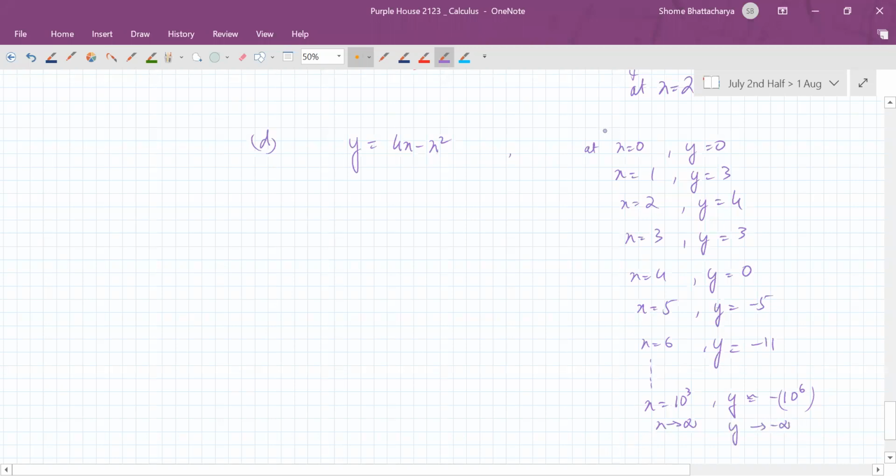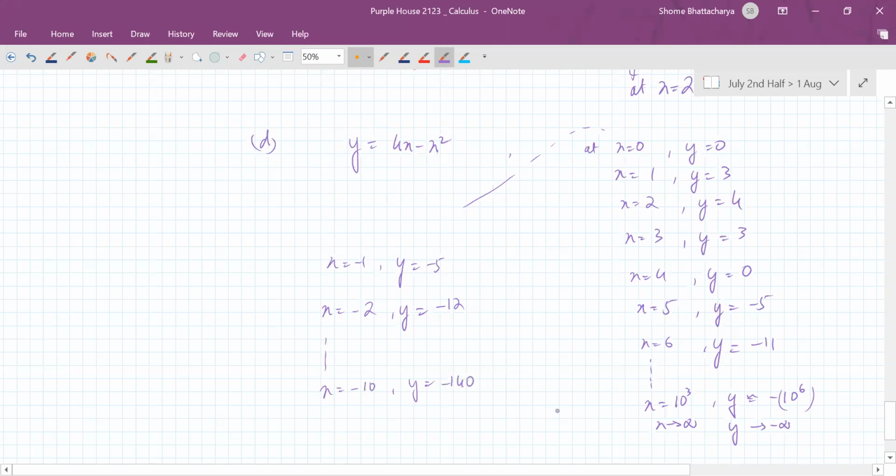Similarly, if you start taking values of x which are less than 0, at x equal to minus 1, y is minus 4 minus 1, so that's minus 5. Then x equal to minus 2, y is minus 8 minus 4, so that's minus 12. X equal to minus 10, y will become minus 40 minus 100, so minus 140.